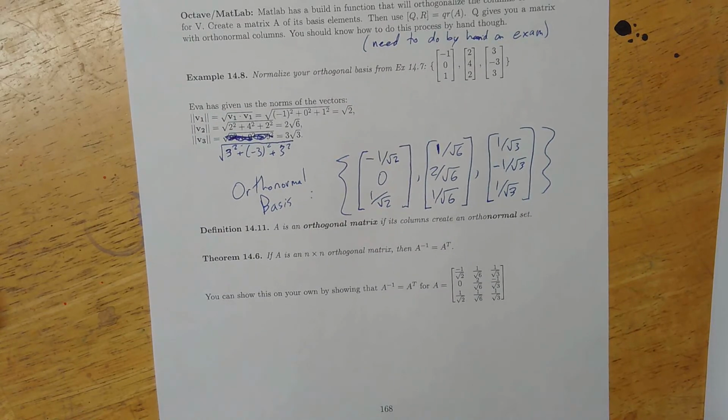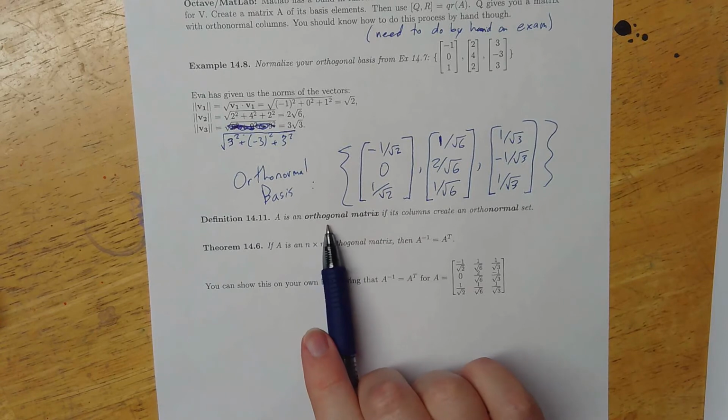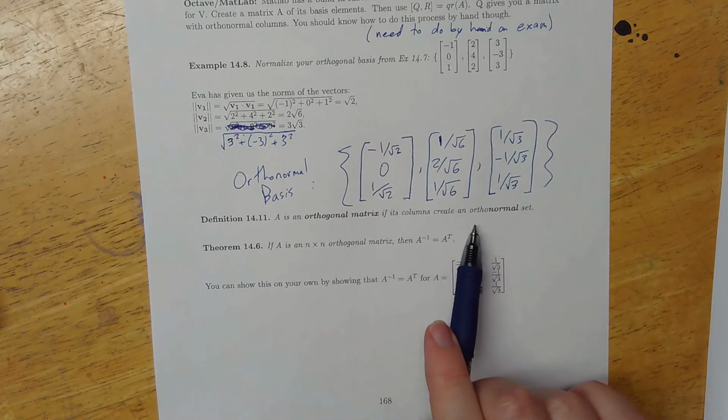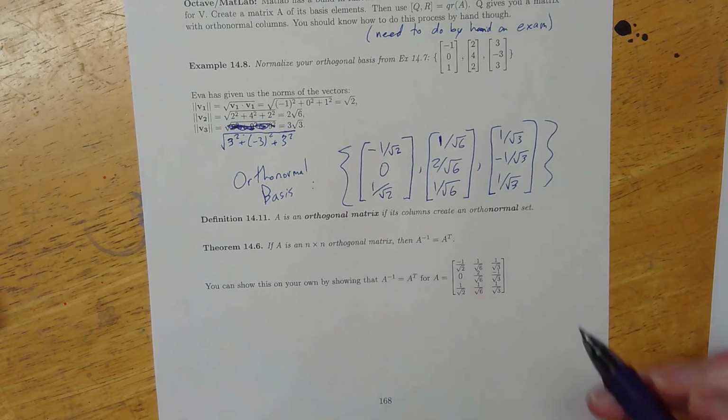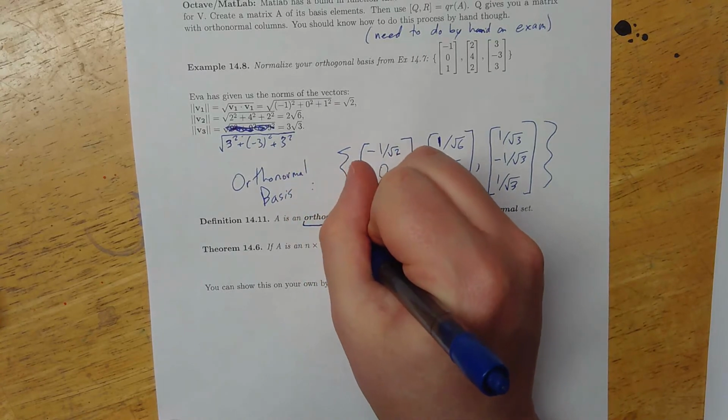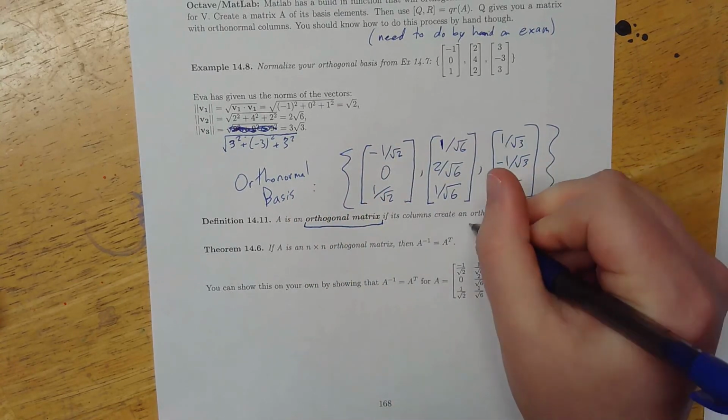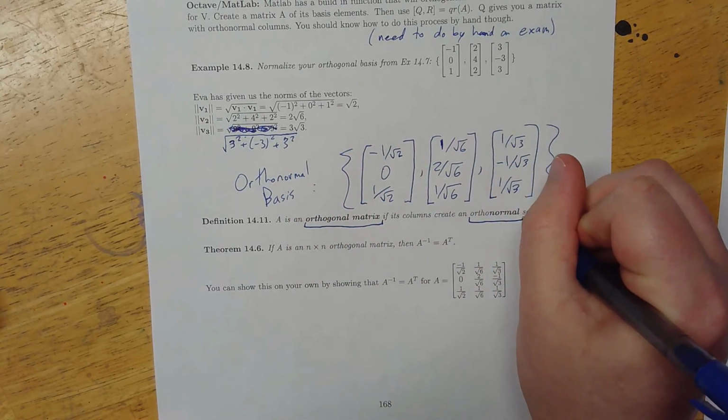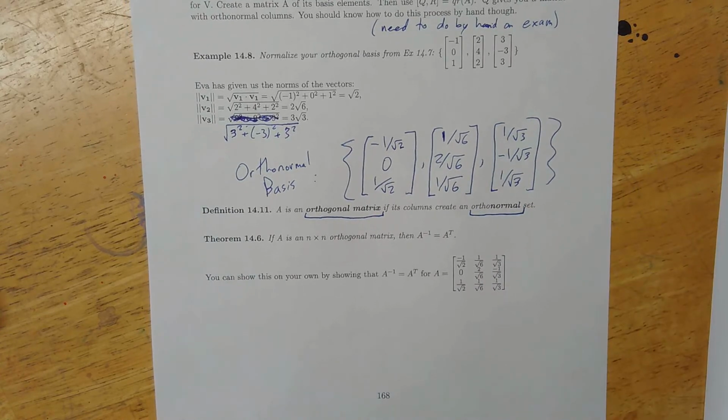Now, we can call a matrix orthogonal if its columns create an orthonormal set. So notice the little bit of the disconnect here. The columns have to create an orthonormal set in order for it to be considered an orthogonal matrix. It's a little bit tedious to think about, but that's the idea.